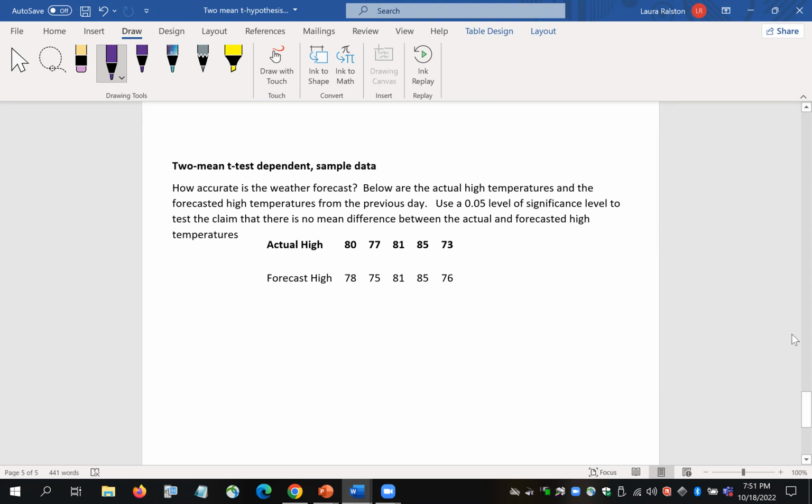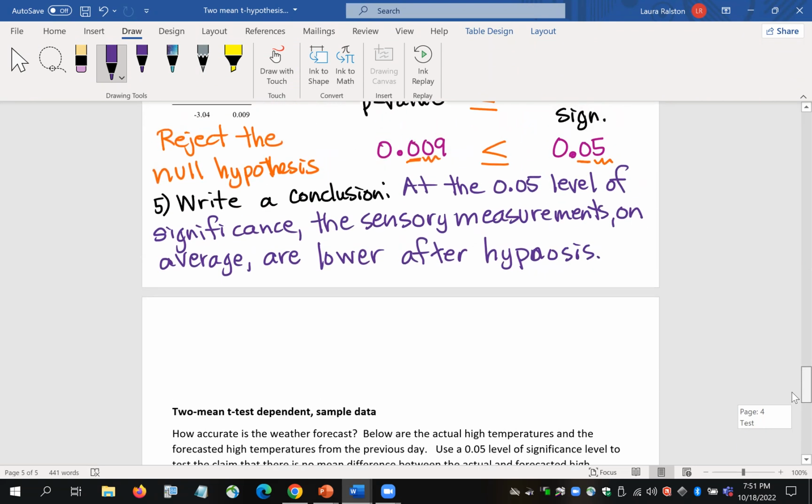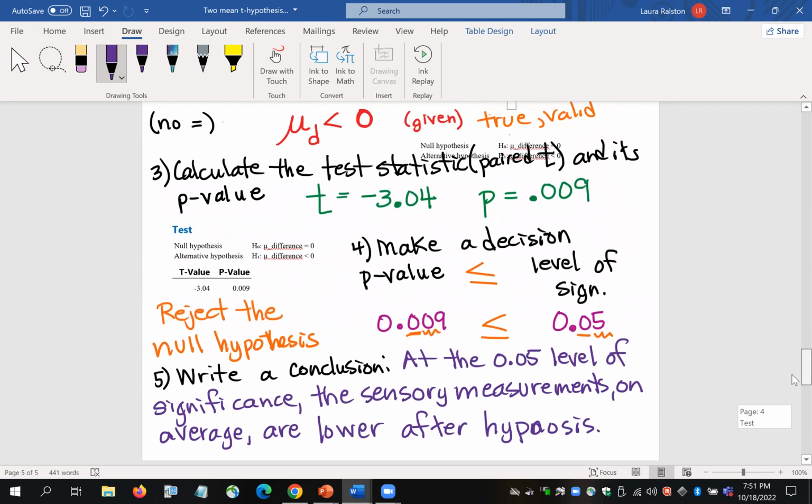So it all has to do with the way the question is worded. You have to read them. You have to pay attention to the details. The words, every single word is important.